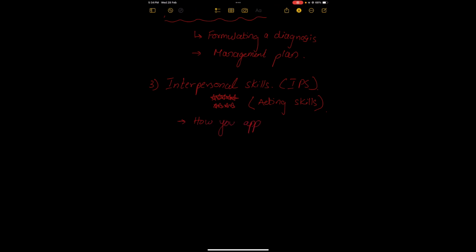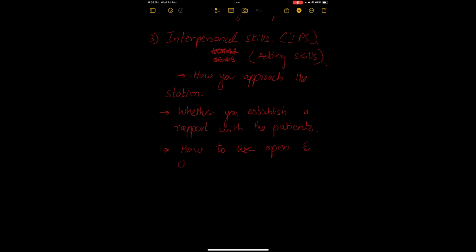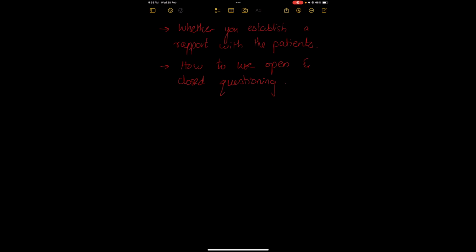So it includes how you approach the station, whether you establish a rapport with the patient, whether you address his concerns, how to use open and closed questioning, meaning that with open questions you can simply ask the patient about the symptoms that they are experiencing, and closed questioning includes simple yes or no questions, and the ethical principles that you demonstrate.